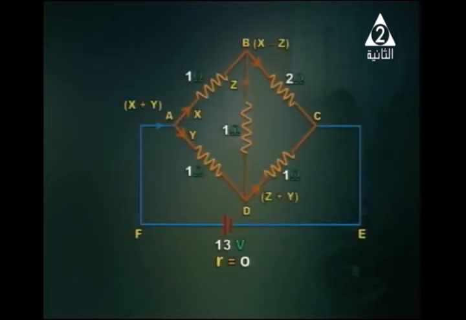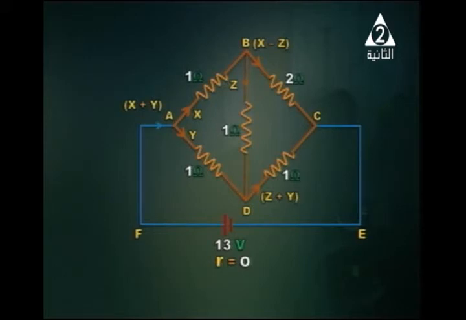Now let the main current through the battery be denoted by X plus Y. And a portion which is X will flow through the 1 ohm resistor, as shown in front of you. The rest of it, which is Y, flows through the other 1 ohm resistor.